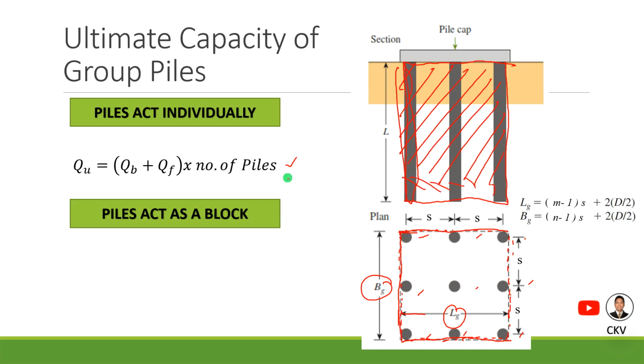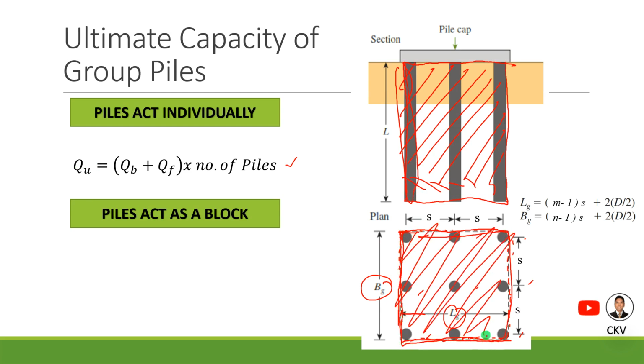The same solution applies in determining the ultimate bearing capacity of a single pile, only that for the pile acting as a block, we consider this group of piles as a whole and as a single block. So this is your full area for the end bearing capacity, and this will be your area of concern for the skin friction resistance.